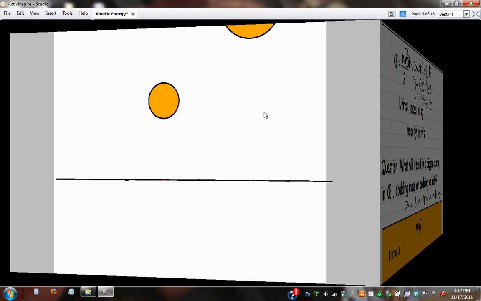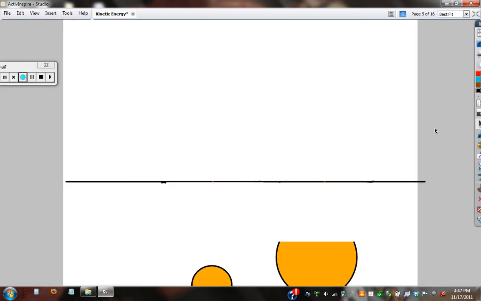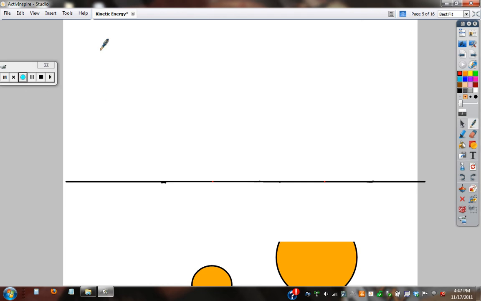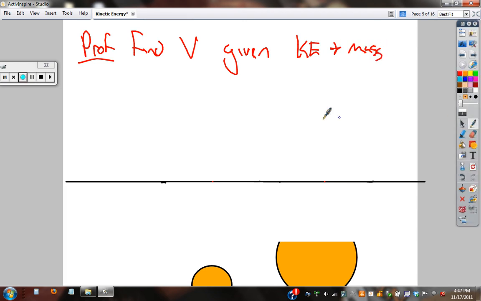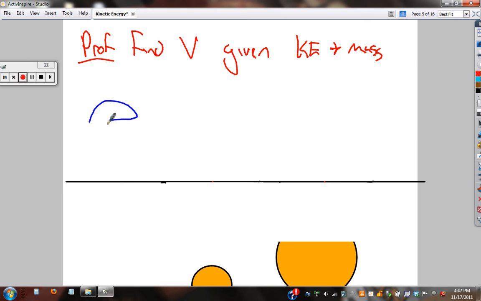Now let's look at a proficient example. Here's a blank page. Okay, proficient: find velocity given KE and mass. Let's say a 4 kilogram car, a little toy car, has a kinetic energy equal to 40. How fast is it going? First thing we do, write the formula.